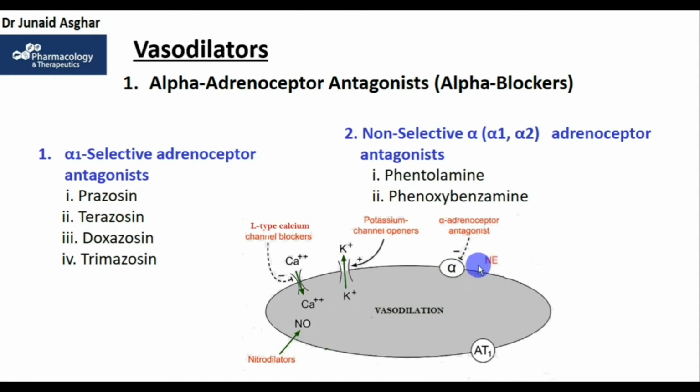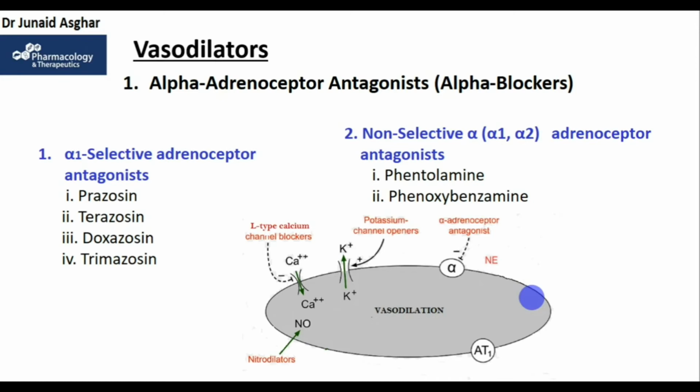Once this receptor is blocked by an alpha-adrenoceptor antagonist, there will be vasodilation because norepinephrine is no longer able to bind to its receptor and produce vasoconstriction. These drugs dilate both arteries and veins. However, they mainly dilate the arterial walls.